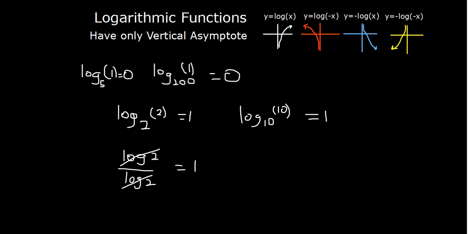So I think it's clear here. Always when it's the log of 1, regardless of what the base is here, the answer will always be 0. So keep in mind all that, because we are going to be needing it as we move on from now on. That's just basic information about the logs.